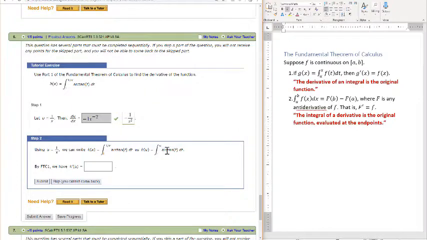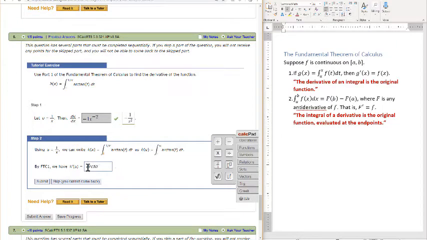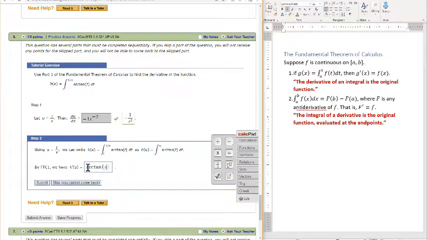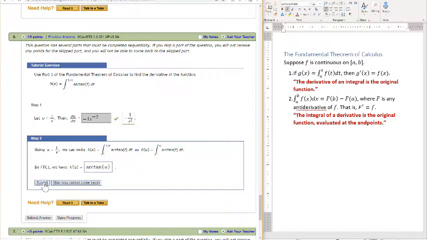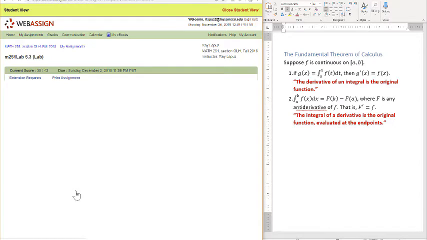The derivative of an integral of a function is the original function, evaluated at the limit, so it's arctan of t, but instead of t, we replace it with u. Notice the lower limit is 1. It doesn't really matter what the lower limit is because we're taking derivatives anyway.